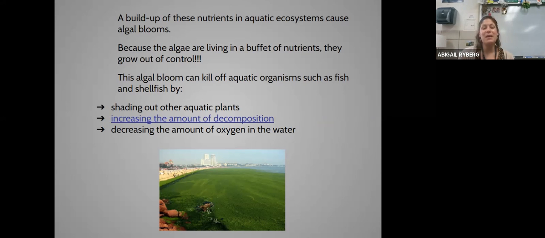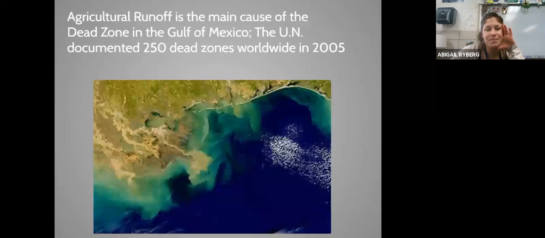And lastly, because now the aquatic plants that were supposed to be there have been shaded out and died off, they're not producing oxygen. Most of the organisms that live in aquatic ecosystems absorb oxygen from the water, right? Like a fish. And now that oxygen concentration has decreased drastically because the plants aren't there to photosynthesize.